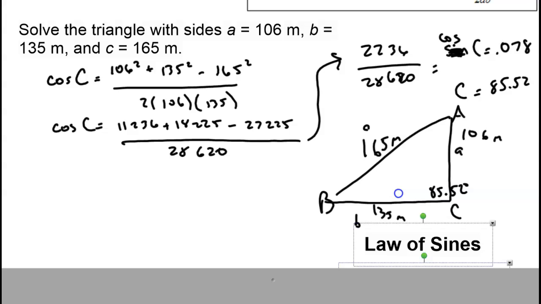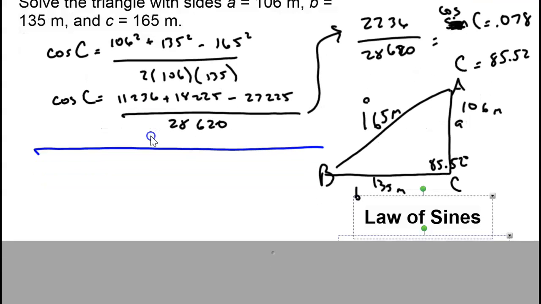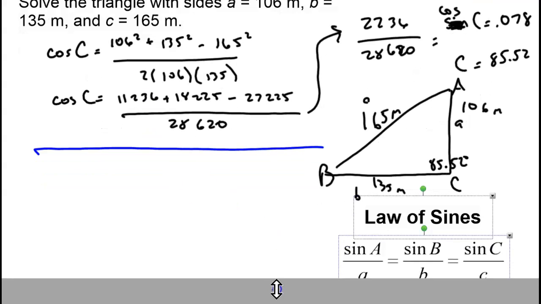And so now what this says is I still need to find angle A and I need to find angle B. Well, I could run back and do law of cosines, but good gosh, that is awfully long if you just don't have to do it. So since you know all the sides, and you know one of the angles that is opposite one of the sides that you know, how about just use the law of sines?